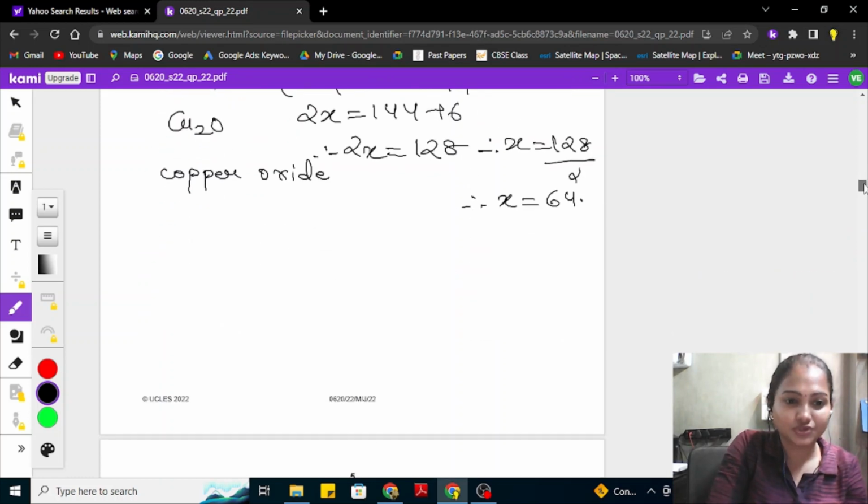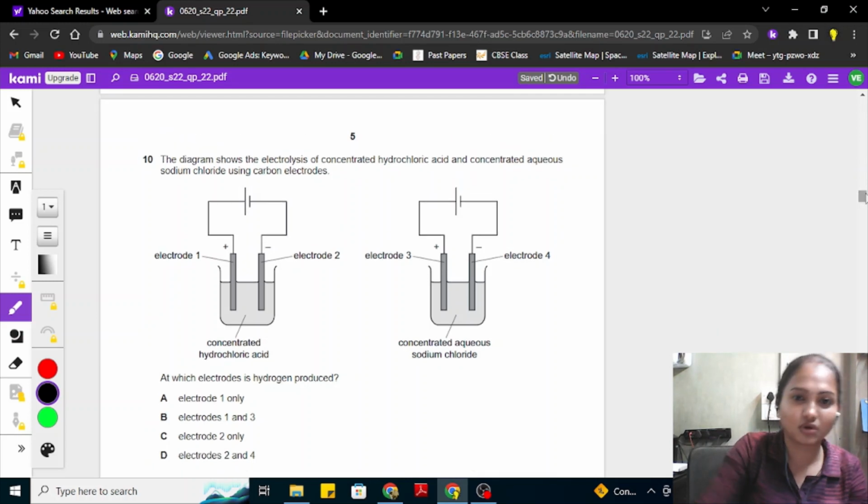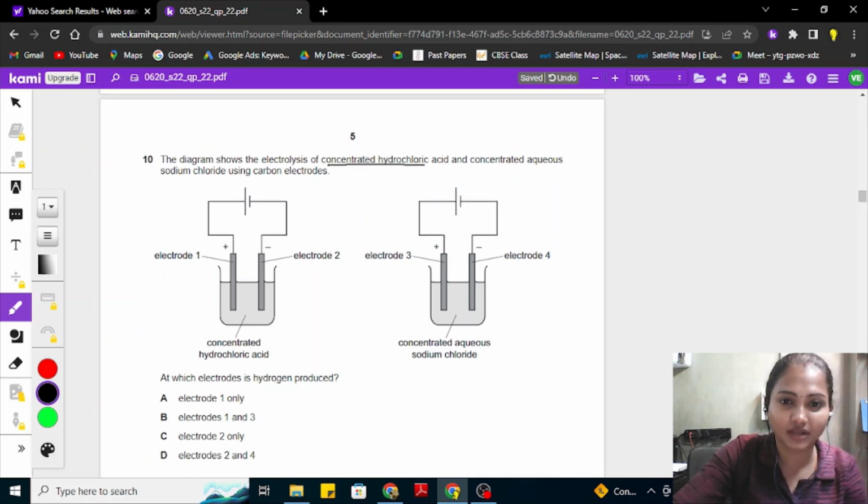Moving to the 10th question, students. The diagram shows the electrolysis of concentrated hydrochloric acid and concentrated aqueous sodium chloride using carbon electrode. At which electrode is hydrogen produced? Hydrogen, being a cation, is always produced at cathode.